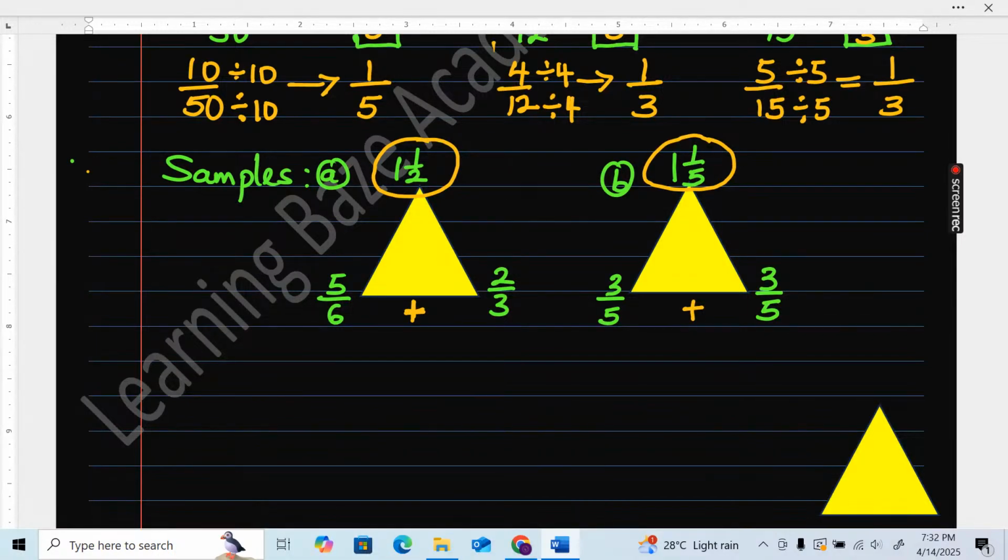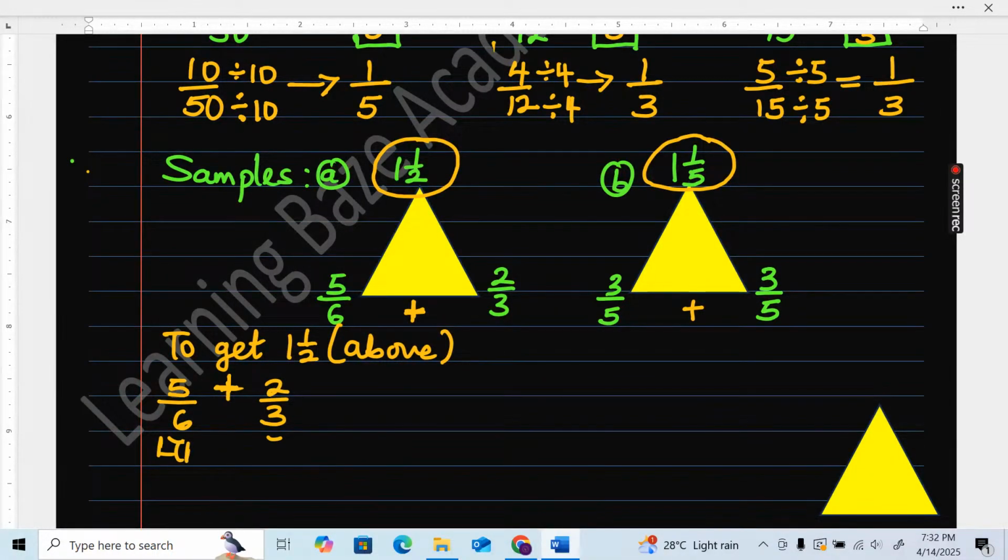To get 1.5, the number above, it has to be 5/6 plus 2/3. Now we want to add fractions. If the denominators are different, you have to find the LCM of the denominators. Now the LCM of 6 and 3 is 6.